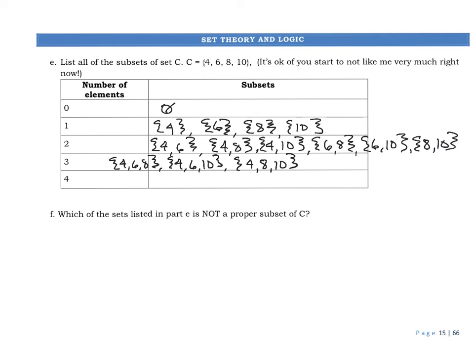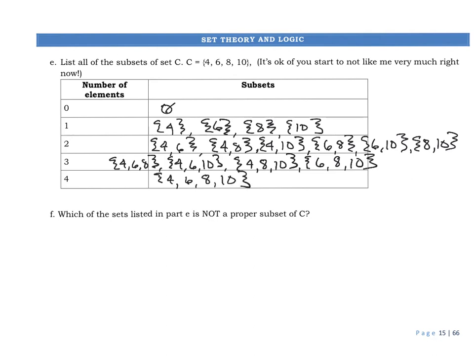Okay, I think we're done with 4, so now let's start with 6. Okay, I believe that's it. All right, and then lastly, the only set with 4 elements would be the set itself, because set C has 4 elements.